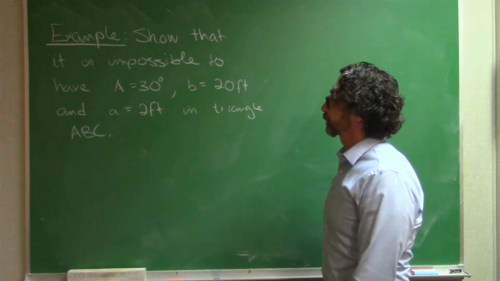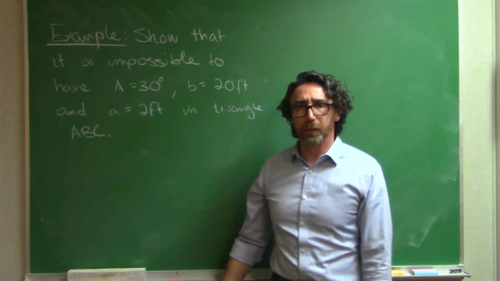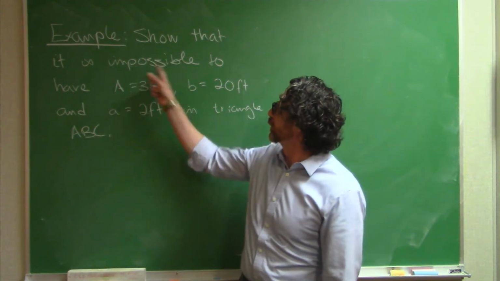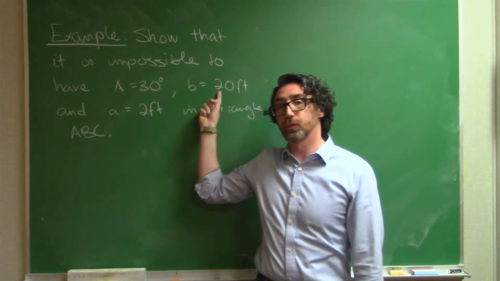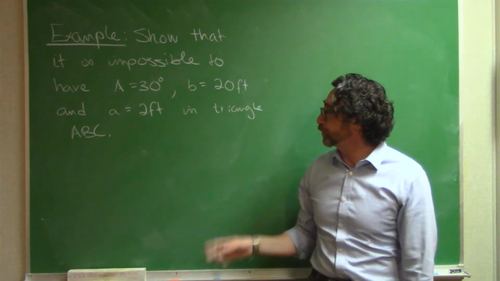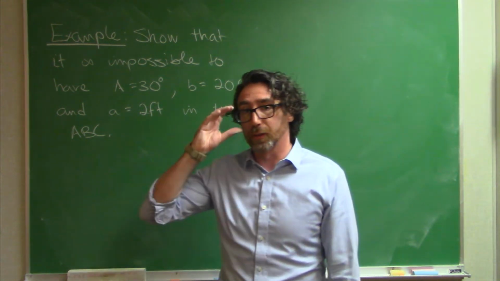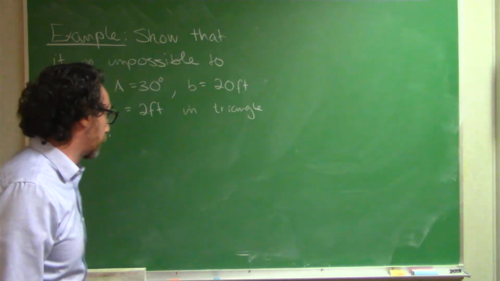Okay, so in this example, we are going to use the law of sines to show that it is impossible to have A equals 30 degrees, B equals 20 feet, and A equals 2 feet in triangle ABC. So let's see what's going on here.